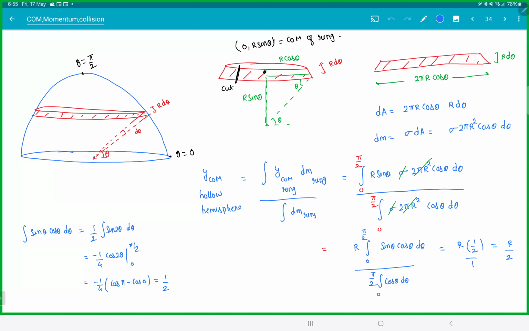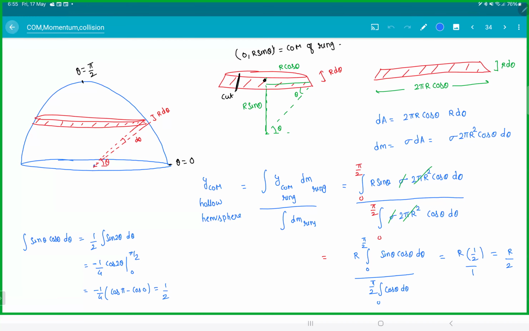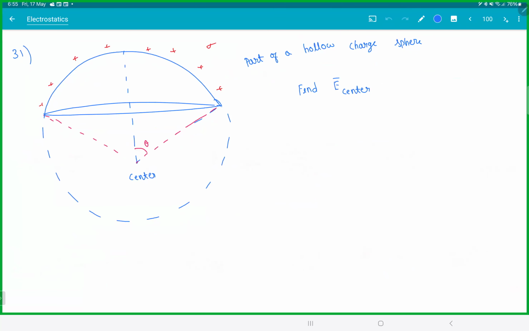No, I'm actually teaching you field due to rings. Isn't it? मैं disk नहीं पूछा था. Disk में क्या use किया? Field due to ring on axial line. So if you want to say that way, then yes, I'm doing something similar, but it is not disk. Let's see how to do this thing. You get a decent answer though.